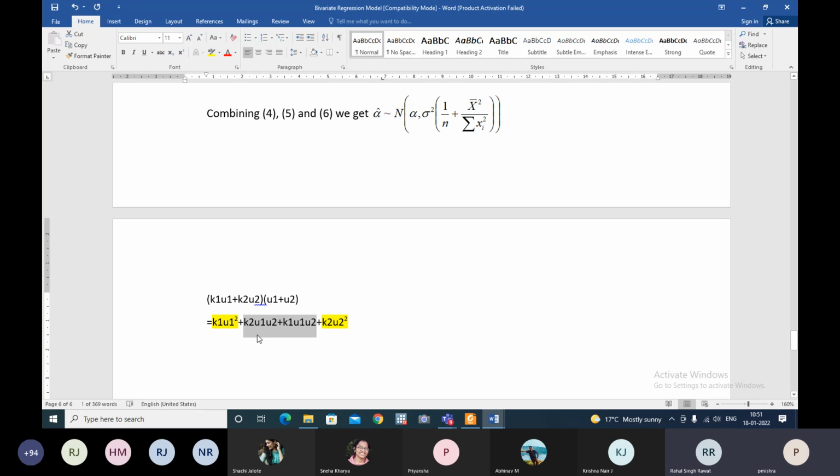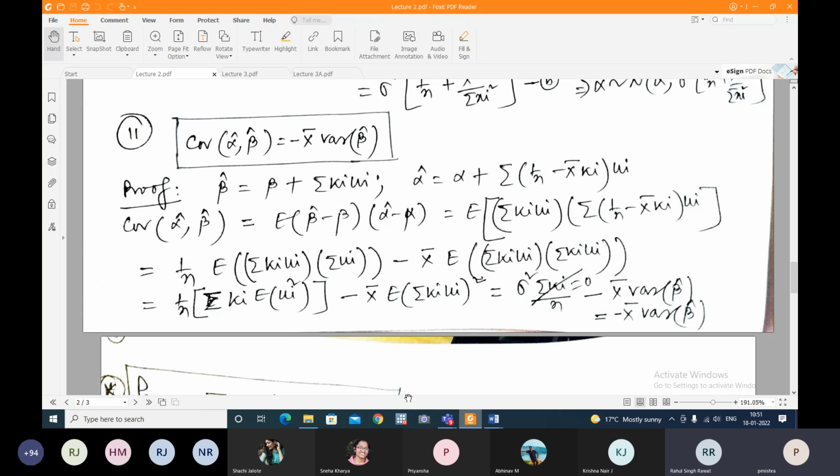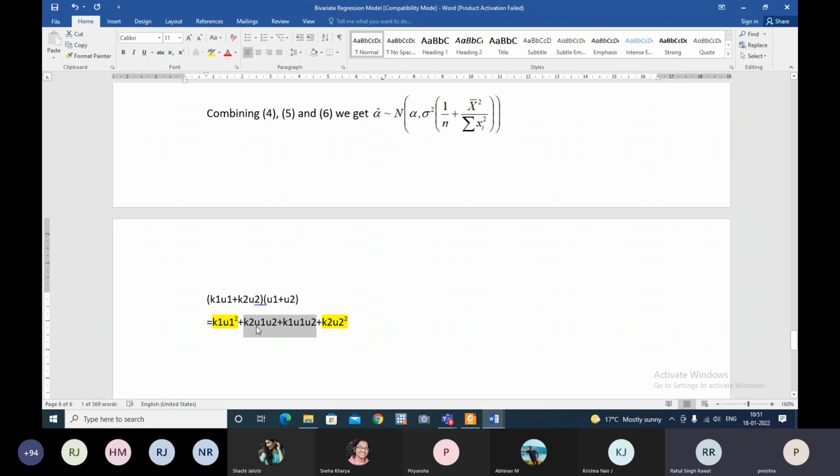And when I take mathematical expectation inside, I'll have here K2 expectation of U1 U2, and again K1 expectation of U1 U2. And by definition, by assumption, expectation of U1 U2 is equal to 0.